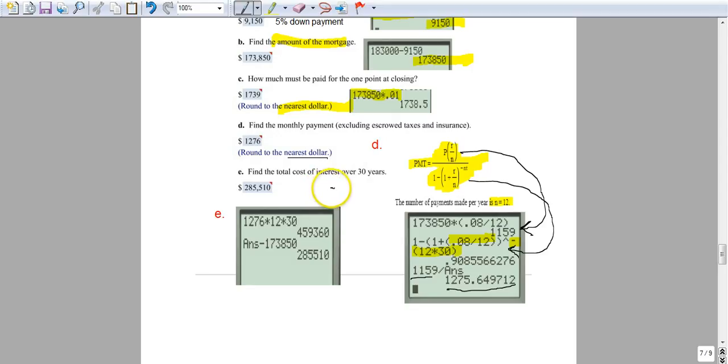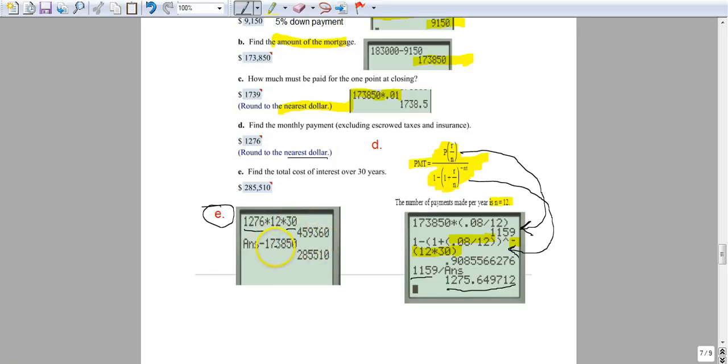Find the total cost of interest over 30 years. So over here we have part E, 1276 times 12 times 30. That is where I'm trying to figure out how much I've paid from my monthly payments. My monthly payment is $1,276 times 12 months in a year times 30 years. That gives me $459,360.